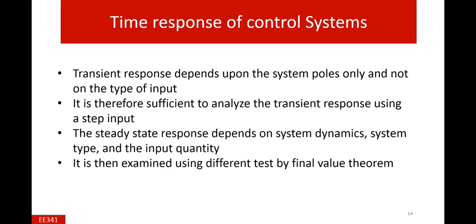As compared to the transient response, the steady state response depends on different factors like the dynamics of the system, the system type, and the input of the system. So if we change the input, the steady state response definitely changes, and its value can be found by using the final value theorem, as we'll see in the coming slides.